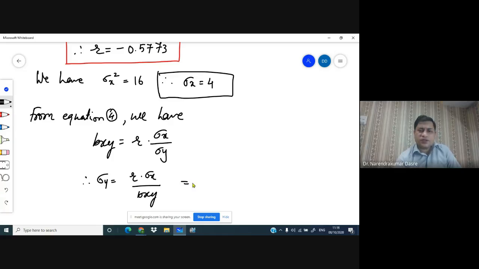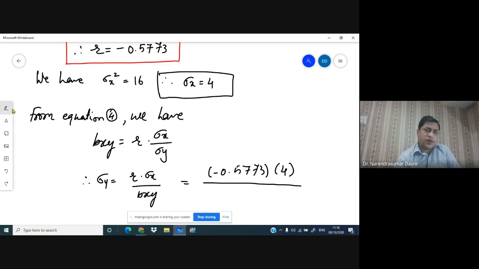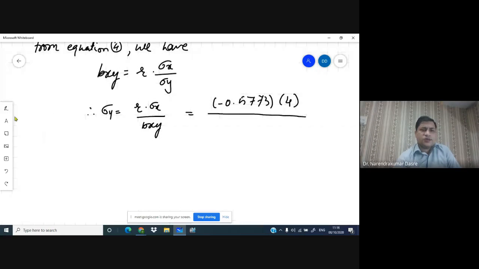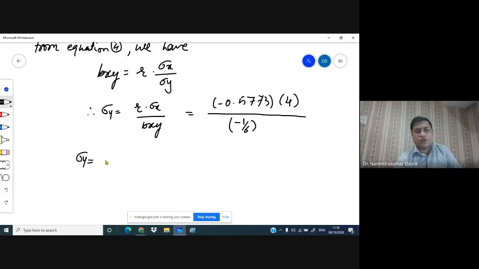And we know these values. So r is minus 0.5773, sigma x is 4, and bxy is minus 1 by 6. So we can write here sigma y is equal to, this minus will get plus, and you'll be having 0.5773 into 4 into 6.